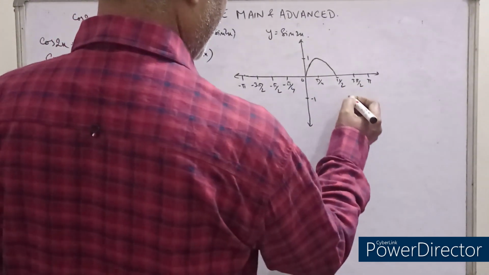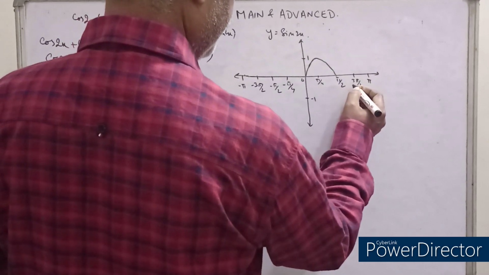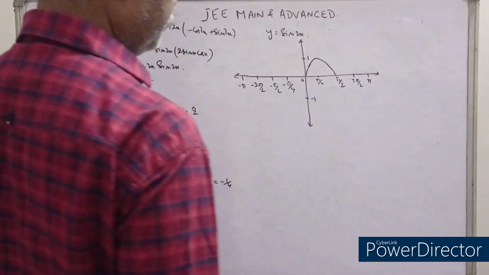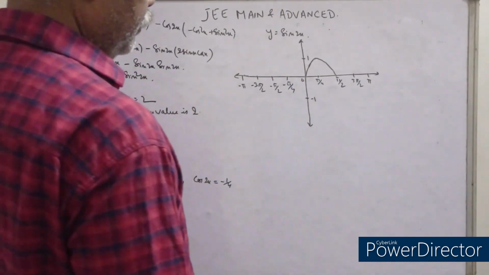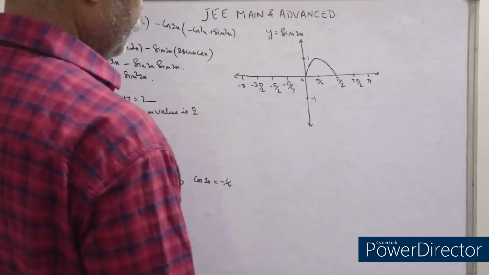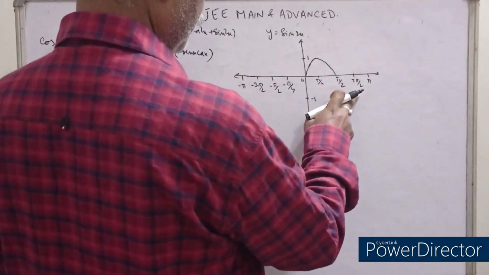So it comes 0, 3 pi by 2, and then 3 pi by 4 and pi by 2.